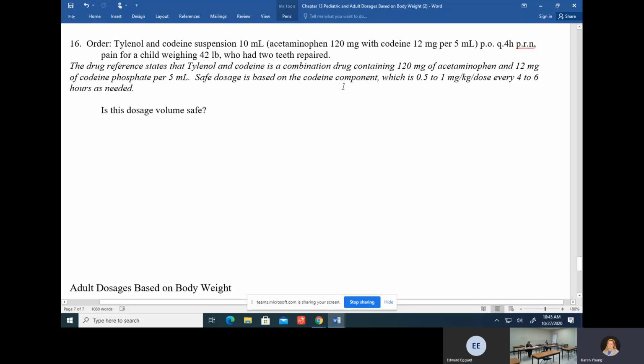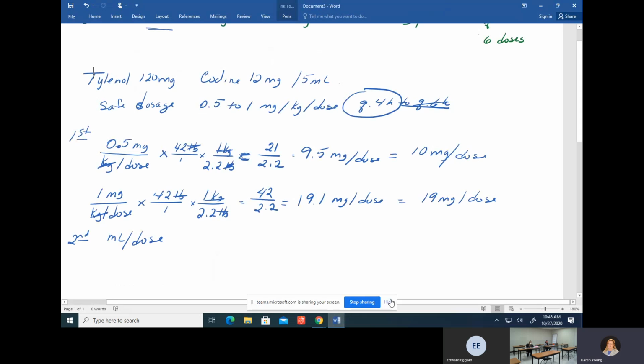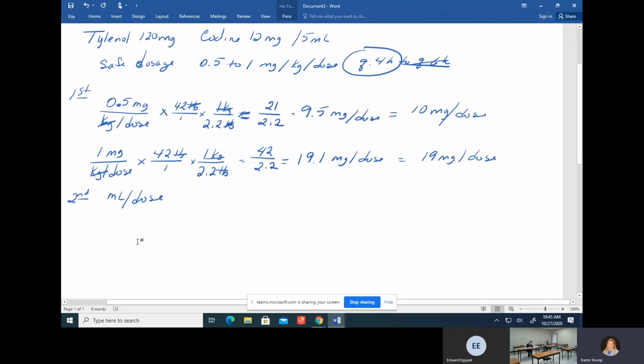For the second, from milligrams to milliliters per dose, would you just do 10 milligrams over dose times 120 milligrams over 1? And then for the next one, you would do the 12 milligrams per 5 milliliters? Well, it's a combination drug, and I'm thinking we're supposed to do both. I'm going to try to do both programs. Right. Okay, I'm working this from memory. That's always dangerous. I usually can do this though.